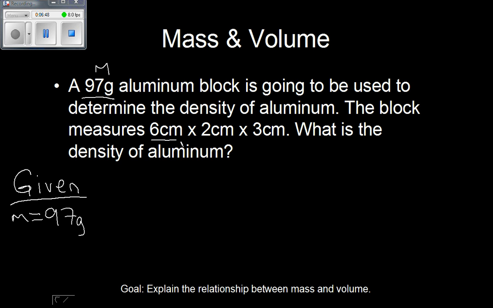And then here we have a chain of numbers, 2 by 3 by 6. If you remember from your math classes, to find the volume of a rectangular prism, you take length times width times height, which is basically what we're seeing here. So this is telling us that our volume is going to be 36 cubic centimeters. 36 because 6 times 2 is 12, times 3 is 36.